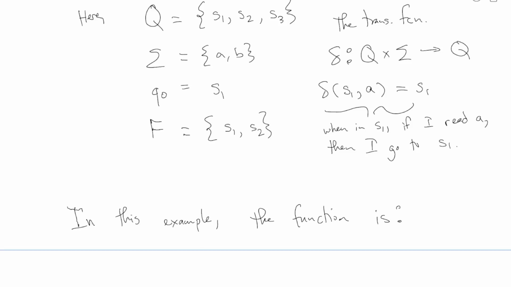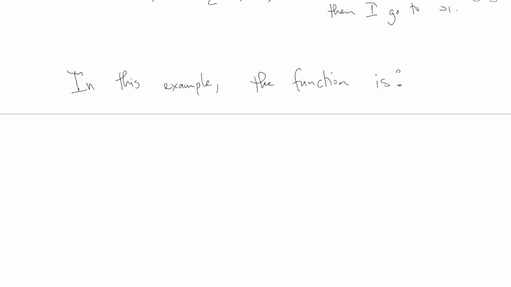The way to describe this function is just to write down all of its values. So this is somewhat tedious, but I'm going to write down all possible values of this function.